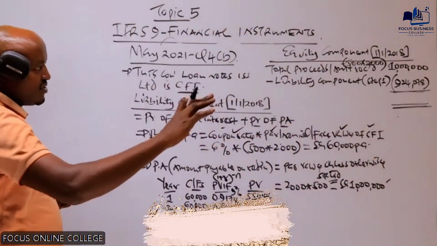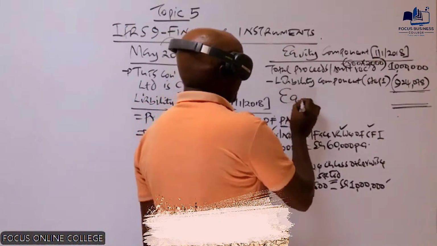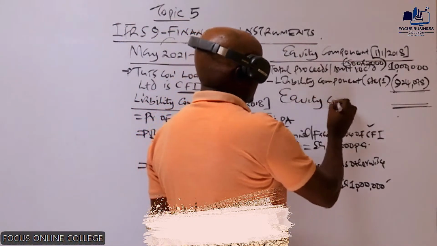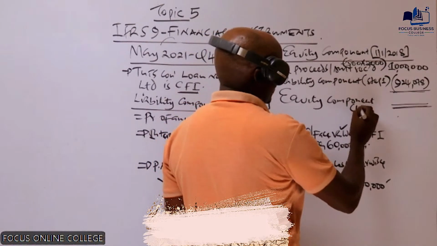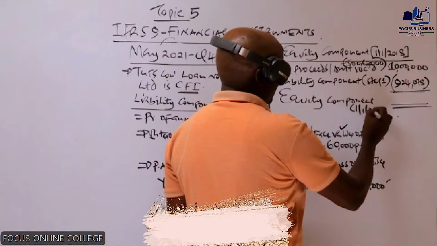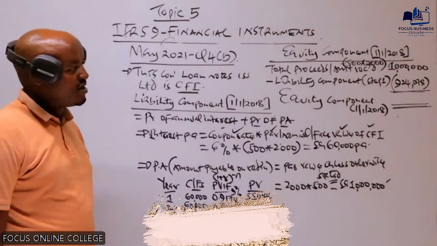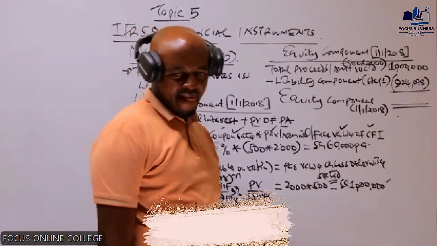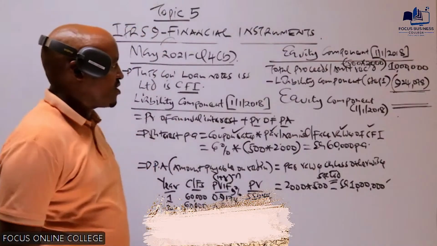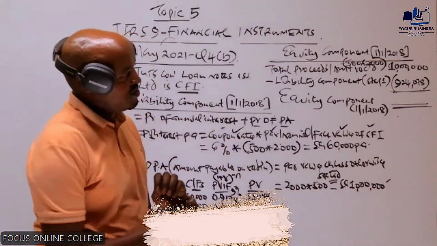So we take 1 million, the amount received, minus the liability component. Whatever you get here is known as the equity component, still on 1st January 2018. What will be the equity component on the date of the issue? The difference between 1 million and 924,078.